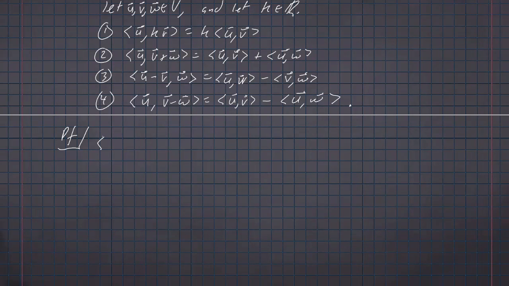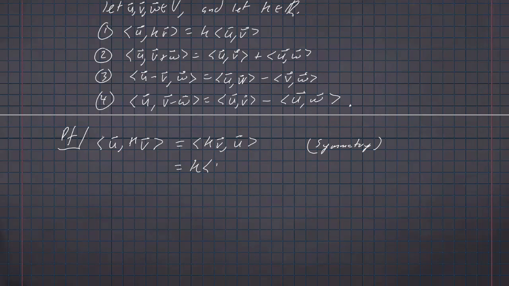But if we take the inner product of u with kv, we know by symmetry that this is the same thing as the inner product of kv with u. And we know by the homogeneity property that this is the same thing as k times the inner product of v with u.